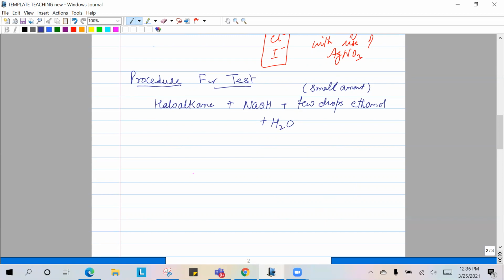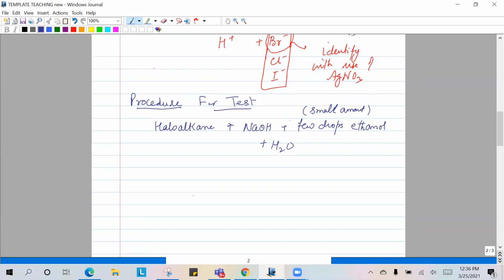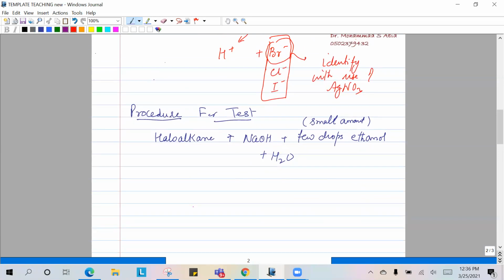Now if you look over here, remember, with pure water, hydrolysis is slow. So that is why you are using a basic medium. So NaOH is just making it basic. That's the first thing.